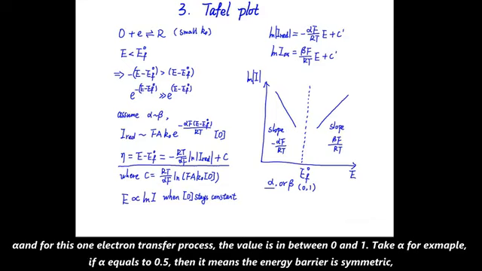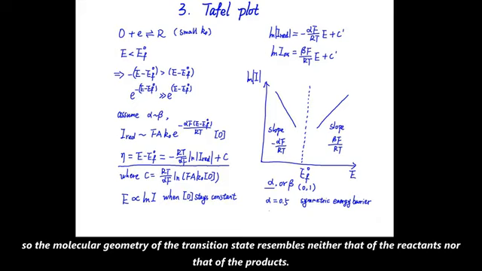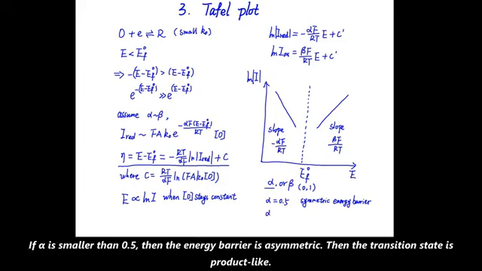Take alpha for example. If alpha equals 0.5, then it means the energy barrier is symmetric, so the molecular geometry of the transition state resembles neither that of the reactants nor that of the product molecules. And if alpha is more than 0.5, then the energy barrier is asymmetric, so the transition state is product-like.